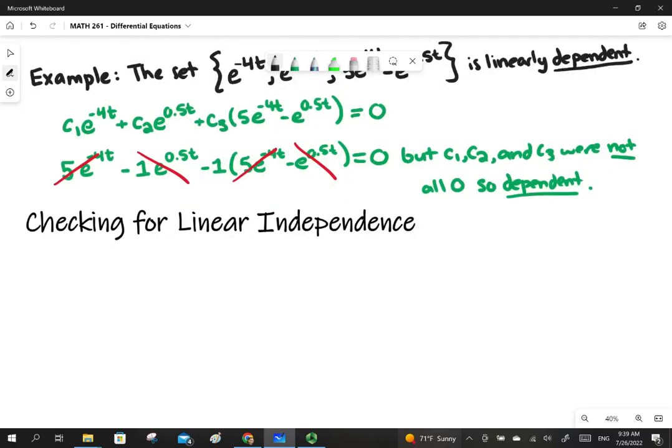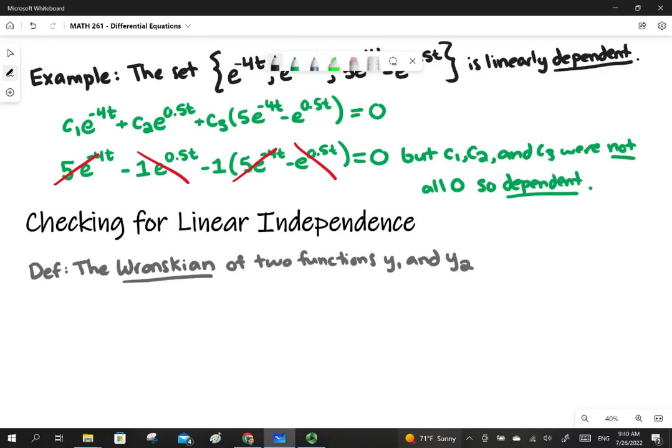So that's one way to check for linear independence. But there's another cool way to check linear independence of functions by calculating what is called the Wronskian of the functions. So the Wronskian of two functions, call them y1 and y2, is usually written W, and it is the determinant of the matrix formed by y1 and y2 in the first row and y1 prime, y2 prime in the second row.